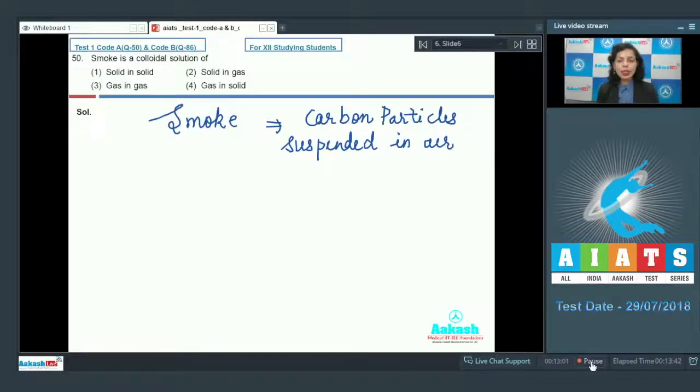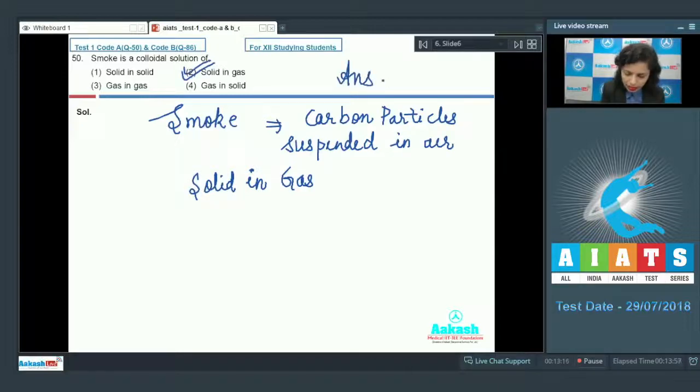Basically in this particular question we have the solid that is suspended in gas. So this way the correct answer for this question is option 2. So I'll write here the correct answer, that is option 2. Now, after this, let's move on to the next question.